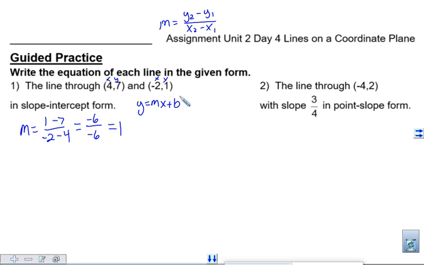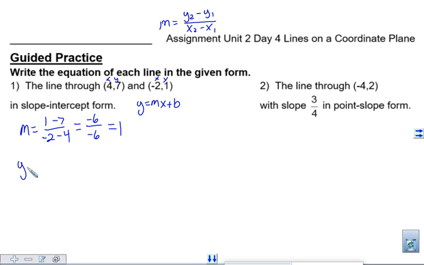Now I need to find my y-intercept. One way that we can do this is plugging one of these points into point-slope form and solving for slope-intercept form. I personally am going to use the positive points because then I don't have to worry about making as many mistakes.